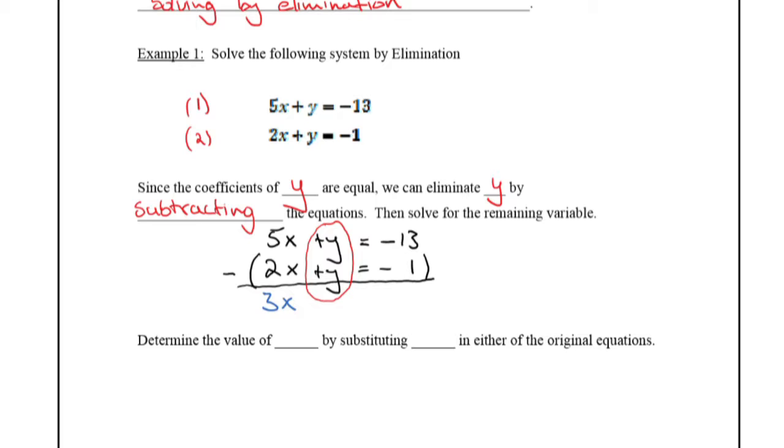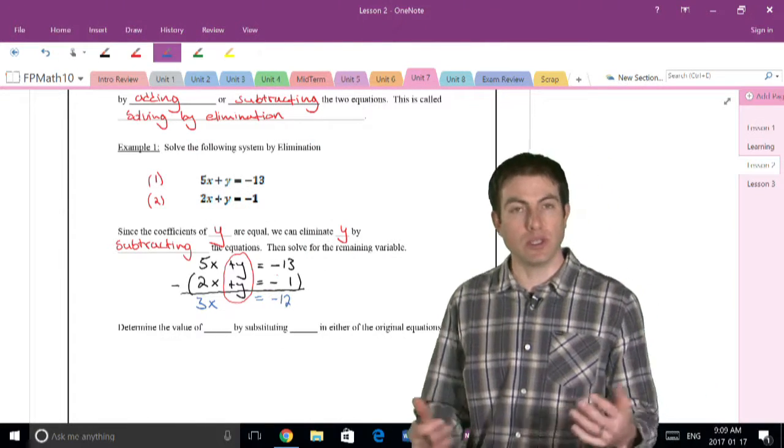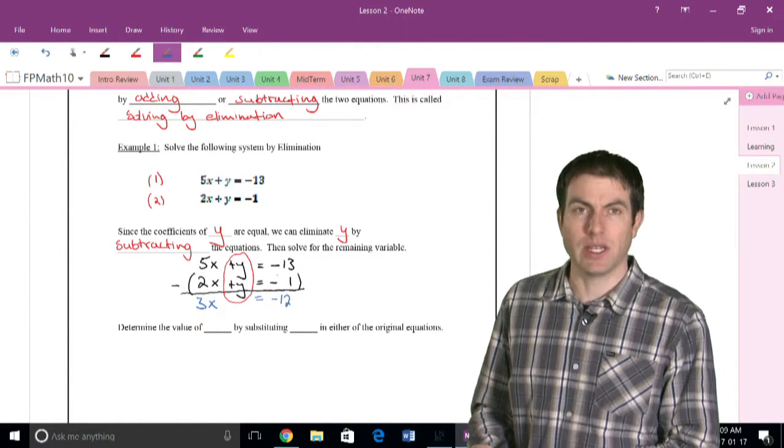Then I do the last one here. I have negative 13, and I'm going to subtract negative 1. So negative 13 minus negative 1 is going to give me negative 12, so equals negative 12. All right, so I subtracted those two equations and ended up with another equation, 3x equals negative 12.